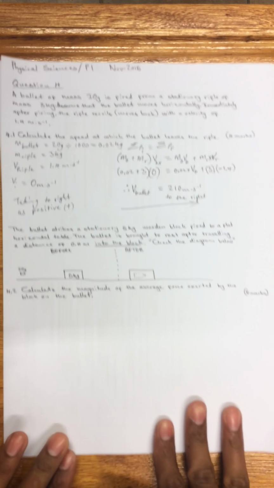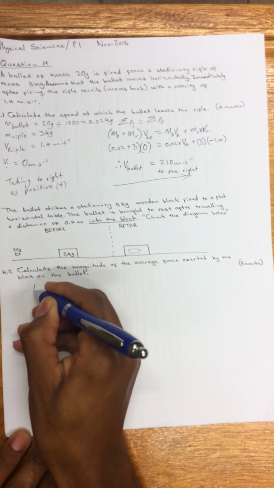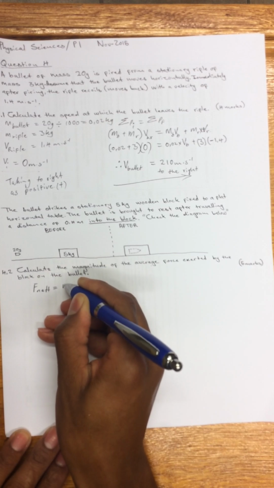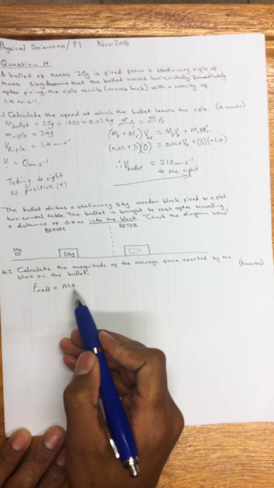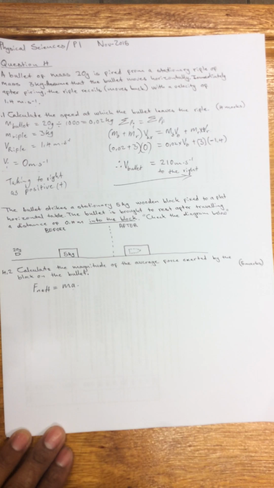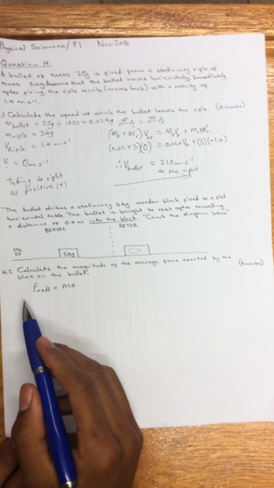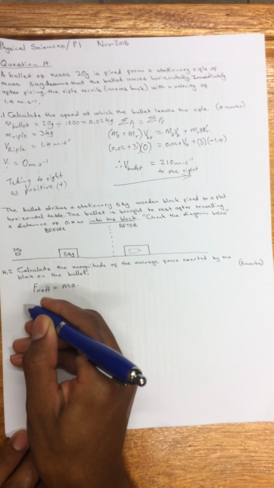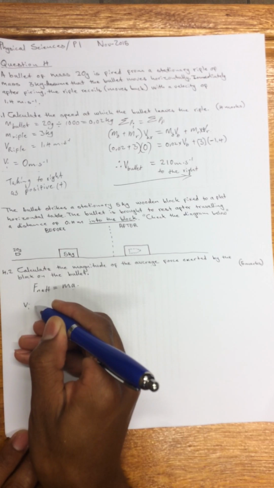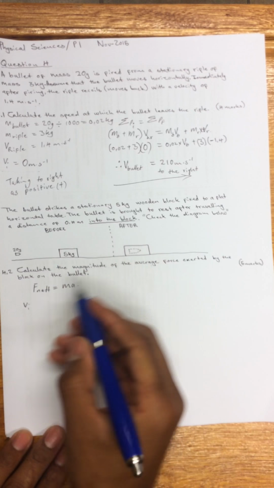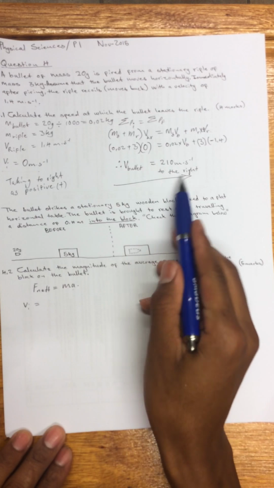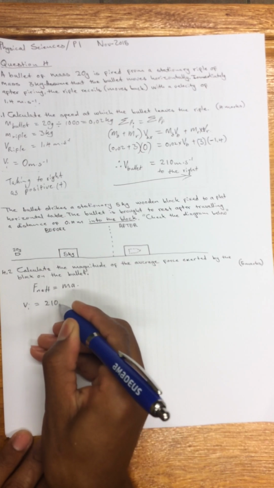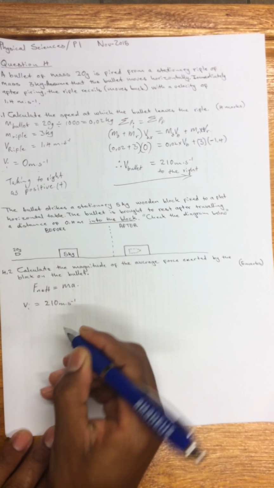Okay. Here we know that average force F net equals m a, but we don't have acceleration. We have mass, we want force. Therefore, what we can do is we have the initial velocity as it was fired from the bullet, 210 meters per second.